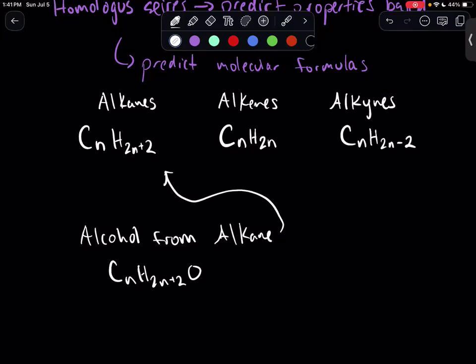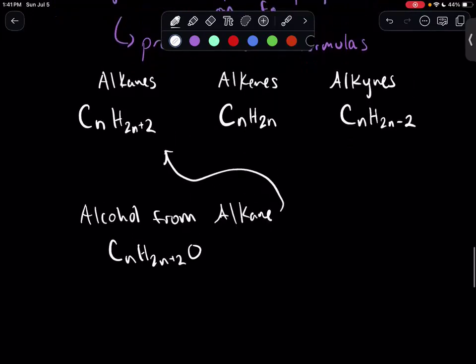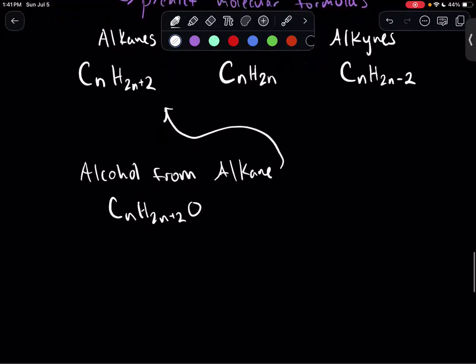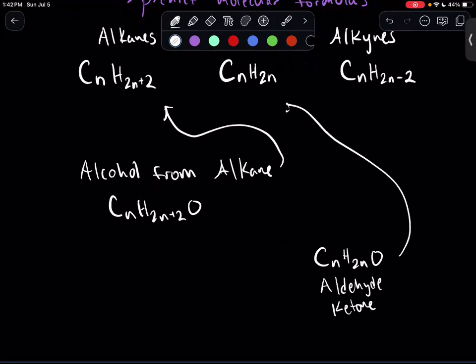When you're doing an aldehyde, you are now creating a double bond, meaning you're going to be losing 2 hydrogens, and it actually has the formula of an alkene plus that extra oxygen. So we can look at CnH2nO, and this might be an aldehyde or even a ketone. They're both going to be similar in that respect. We're taking away 2 hydrogens and replacing them with an oxygen. So it looks similar to an alkene, but we have an O because we have that double bond.